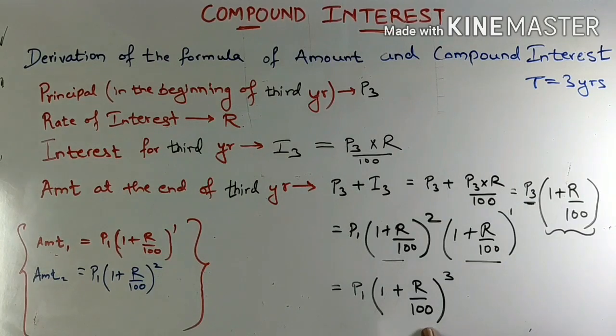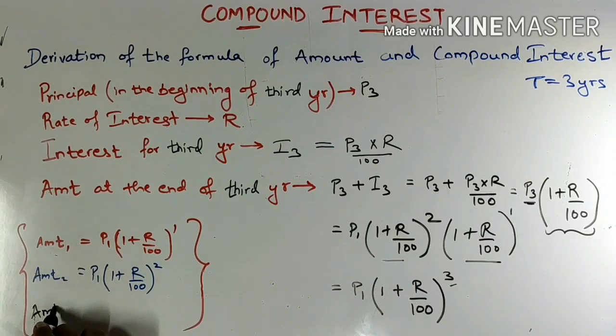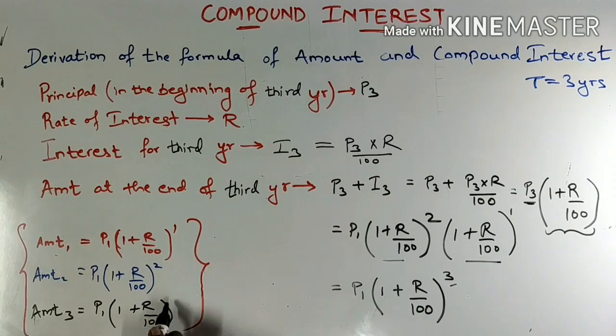This will be the amount at the end of third year. So if you see the relation, I'll write the amount for the third year. Amount 3 is P1 into 1 plus R by 100 the whole raised to 3.